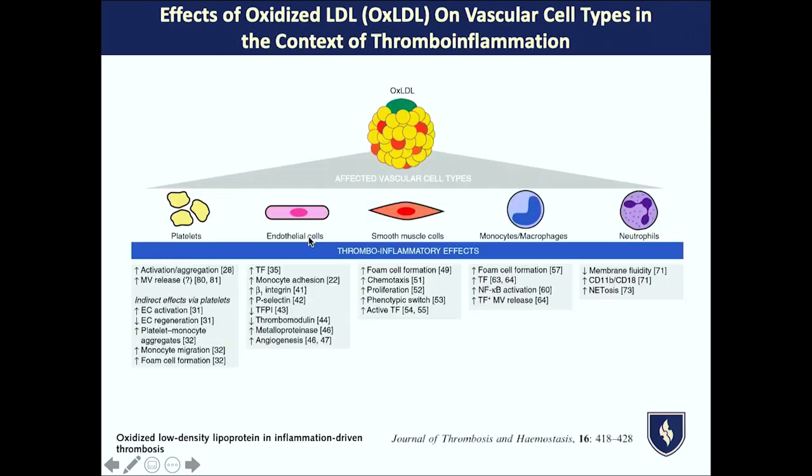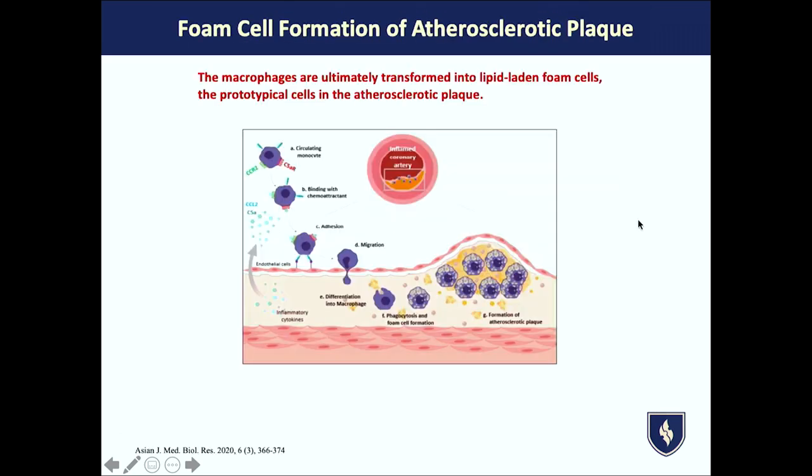These oxidized LDL pathways start to have effects on platelets, endothelial cells, smooth muscles, macrophages, and neutrophils, to the point where these oxidized LDLs bring in circulating platelets and circulating monocytes, which mature into macrophages and start engulfing these oxidized LDLs.